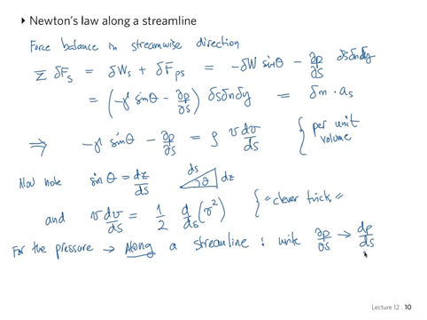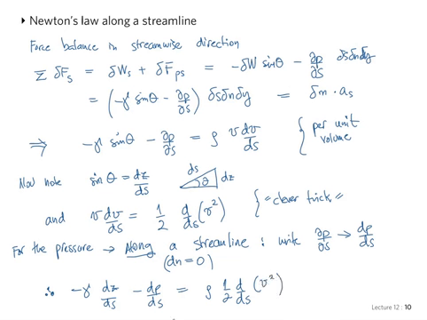Basically along a streamline, the differential normal is going to be equal to 0. So this is why we can do that. So finally we have that this whole equation up here is minus gamma, sine of theta is dz/ds, and minus dp/ds equals rho. Now we use our clever trick, 1/2 d/ds of v squared. And this now can be integrated.